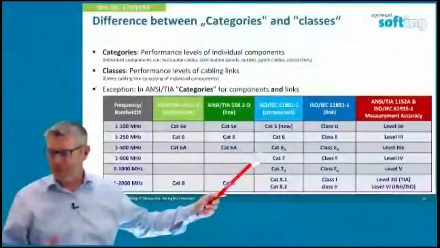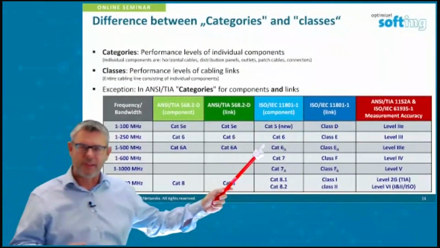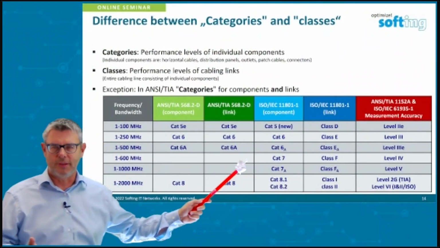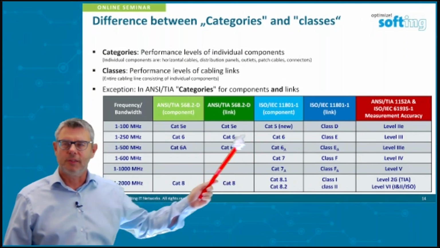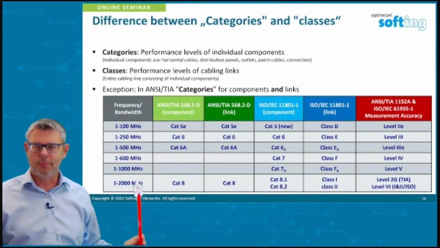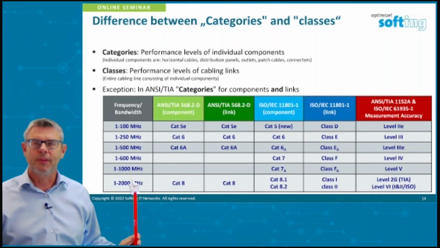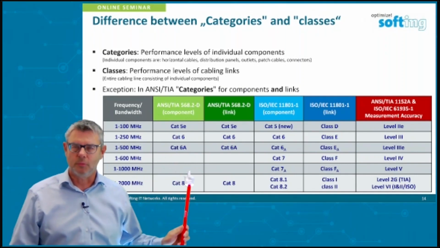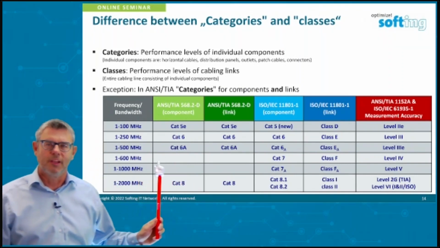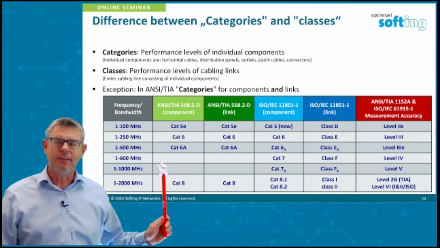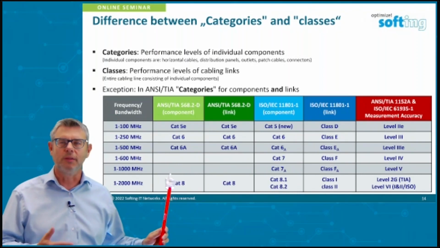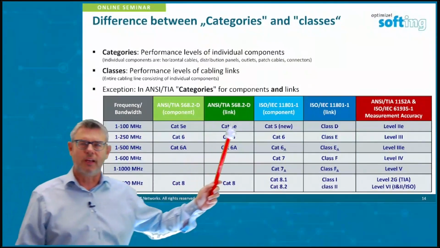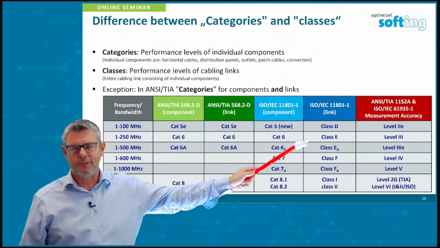Component means cable and, excuse me, cable and component, which we terminate. Okay, and these categories and the number are matching to the bandwidth we offer. Okay, so the Americans do the same without the 600 and 1000 megahertz. But now when it comes to a link, which comprises a minimum of two components and a cable in between, we are switching here in our area completely to a class definition.